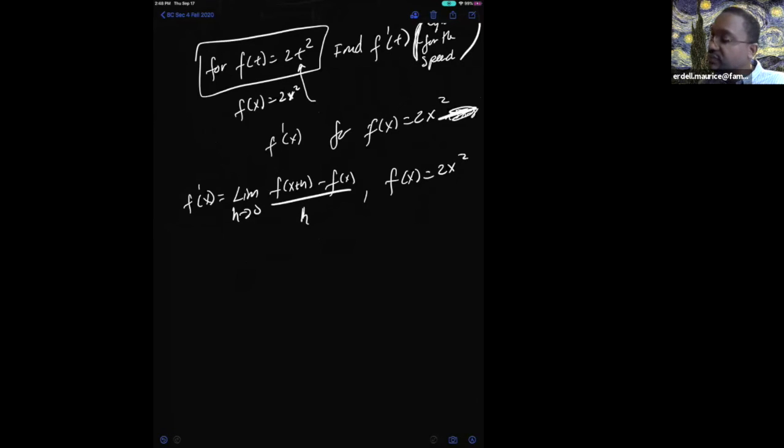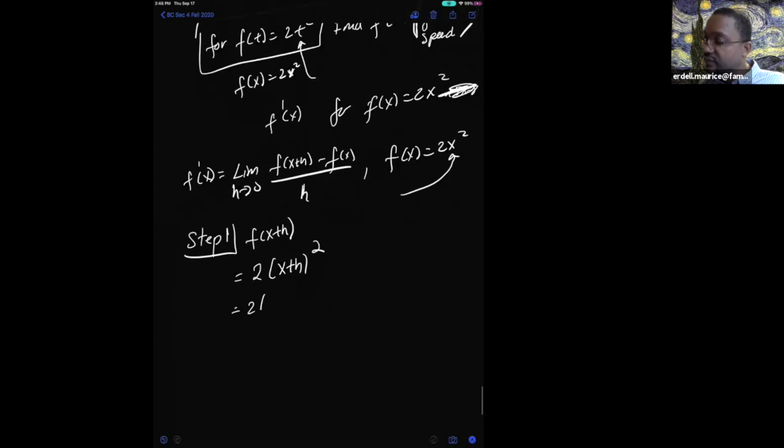So step number 1 is to find f of x plus h. That's going to be 2 times, and I'm going to plug in x plus h right here, x plus h squared. That's 2 times x plus h times x plus h.